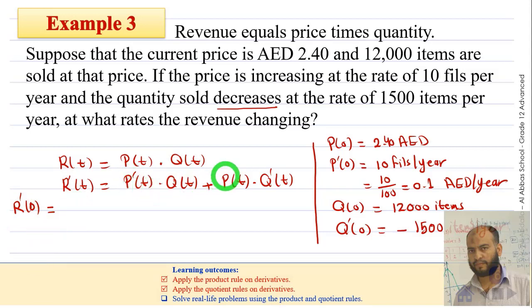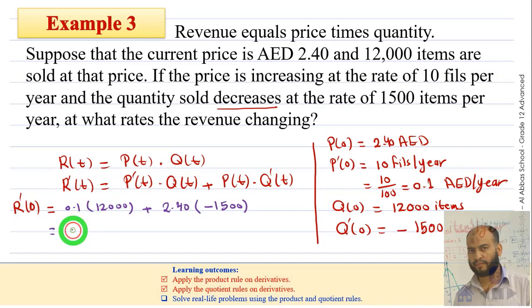We can substitute in the rate of change in revenue, and we get R'(0) equals P'(0) equals 0.1 times the quantity, 12,000, plus the current price, 2.40 dirham, times Q' equals negative 1,500 items per year. Use your calculator to find this value.